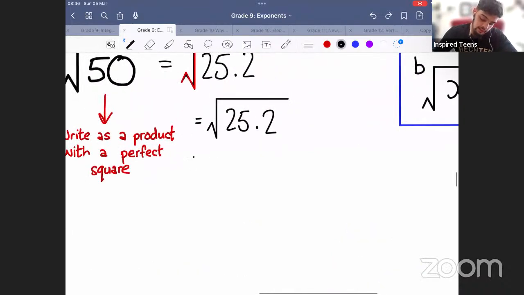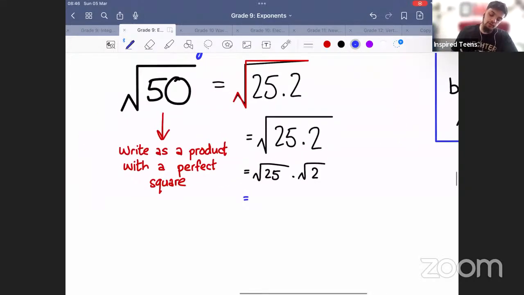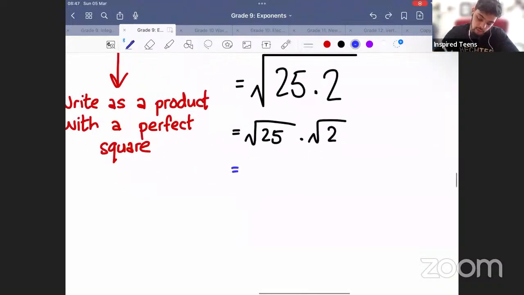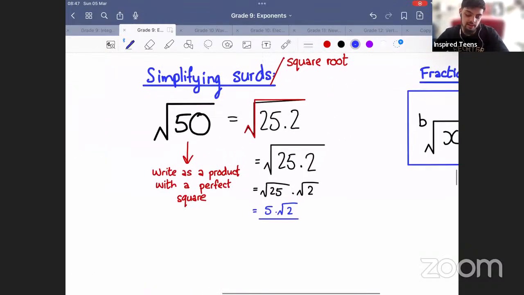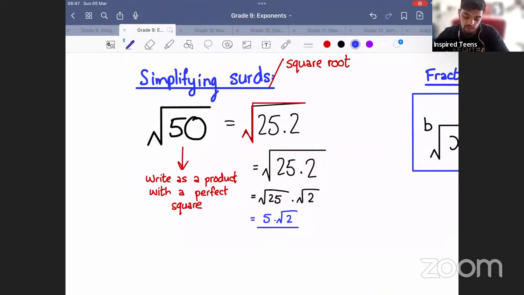In this case, I can write this as square root 25 times square root 2. Now, why did we specifically choose to write it as a product with a perfect square? That's simple, so that we can actually take the square root of 25. Square root of 25 is 5, times square root 2. And that's how you simplify the surd to 5 root 2.